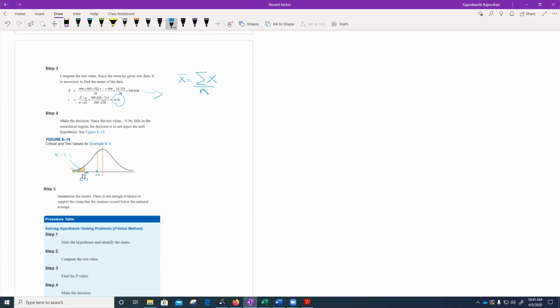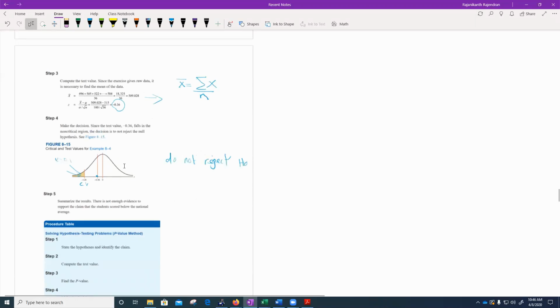So of course, my point is now, my test statistic is falling in the non-rejection region. Therefore, you cannot reject your null hypothesis, right? So do not reject H naught, right?